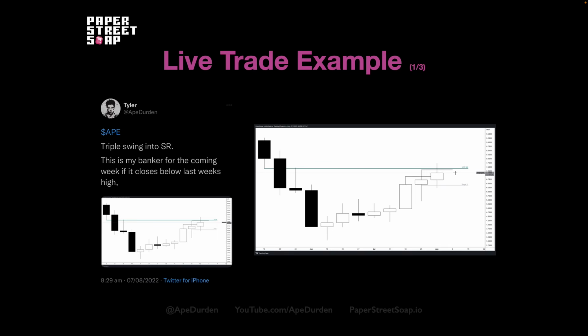Now we have our invalidation, which is the high of the final swing. Now we have our target, which, as we mentioned a moment ago, is the middle of the previous week's range, target 1.